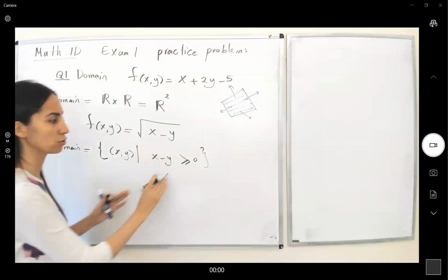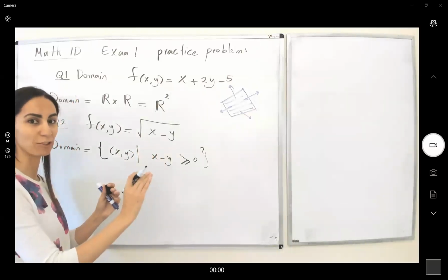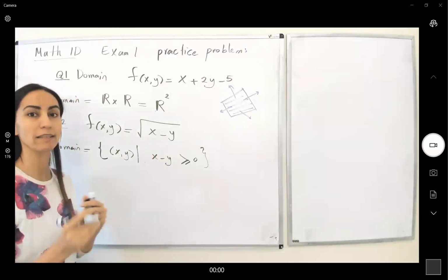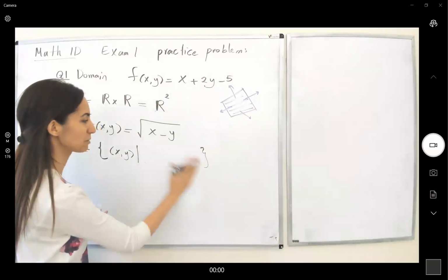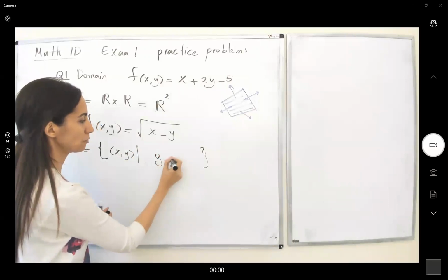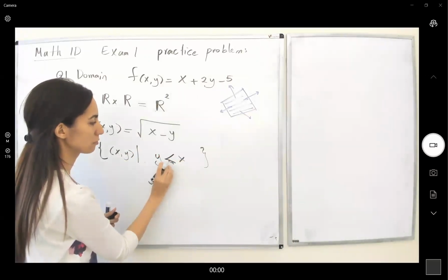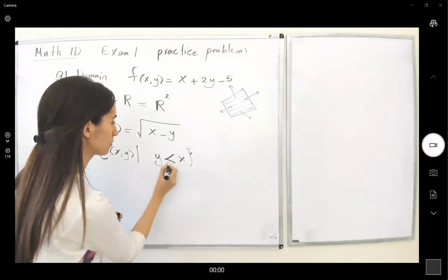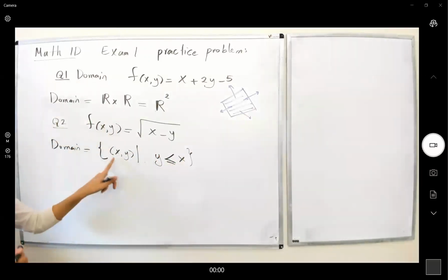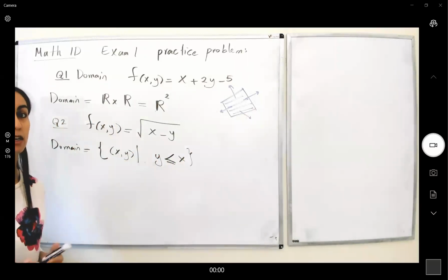It means that you get all the values that satisfy the inequality y less than or equal to x. This is your domain, all points that satisfy this inequality.